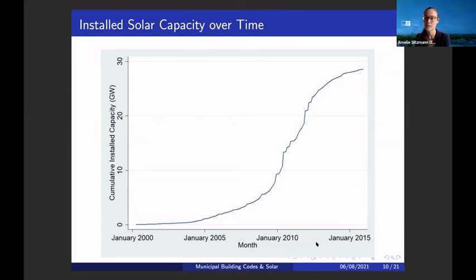I would suggest that in historical towns, or in cities in general, you often have tenants, and this could reduce PV adoption irrespective of the regulation in the city.